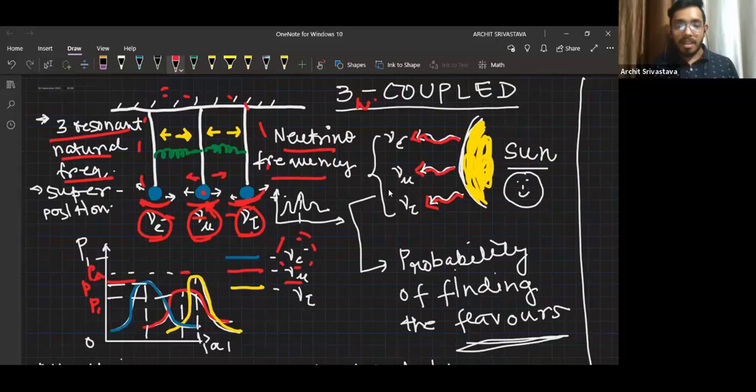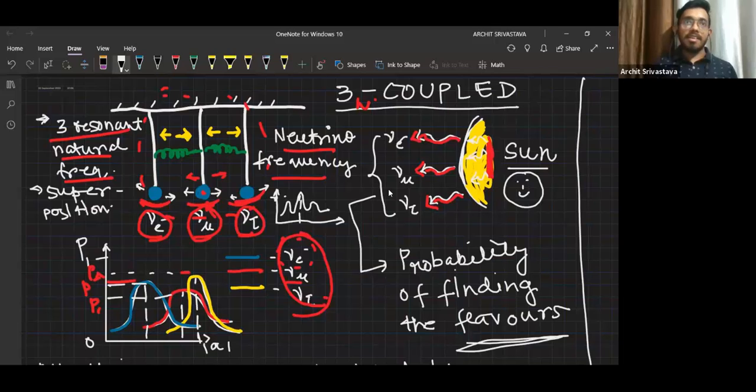These neutrinos are formed in a process in the core of the sun. It is really interesting that they take a really long time to reach the surface of the sun.